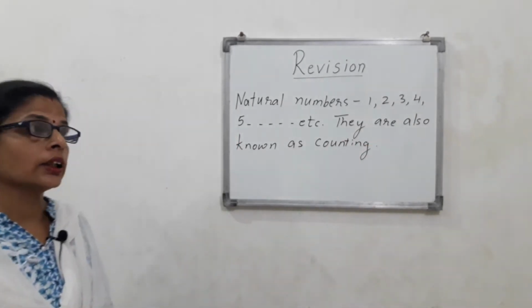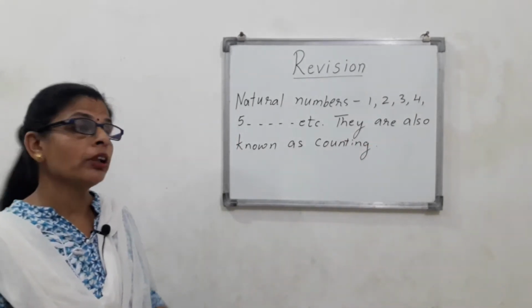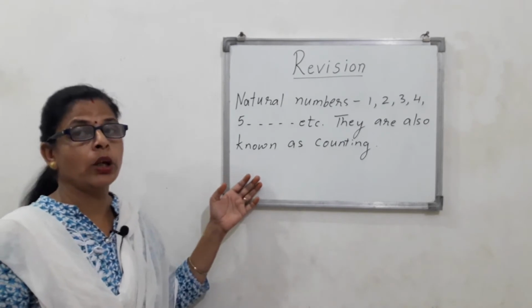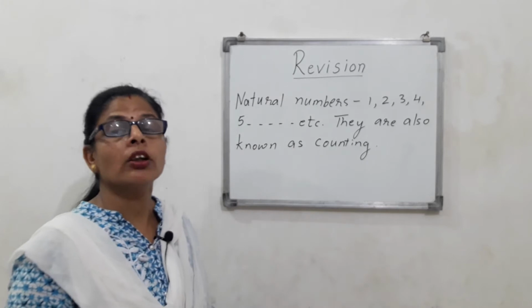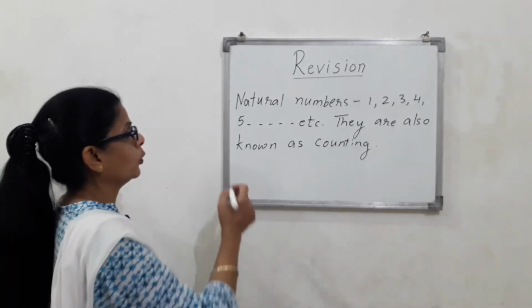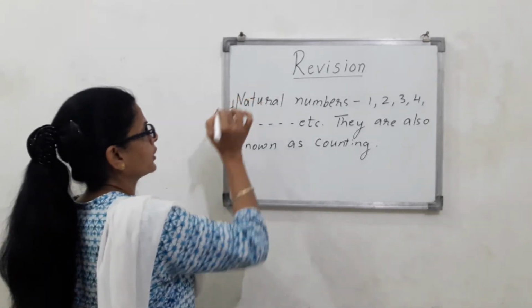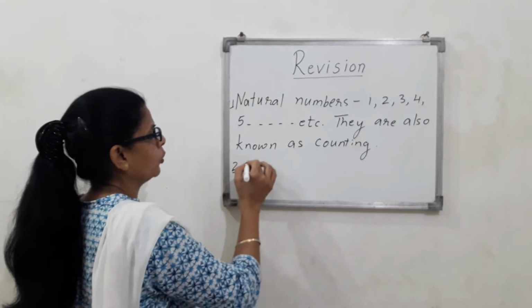Now, another type of number: when we add 0 to the natural numbers, they become the set of whole numbers.